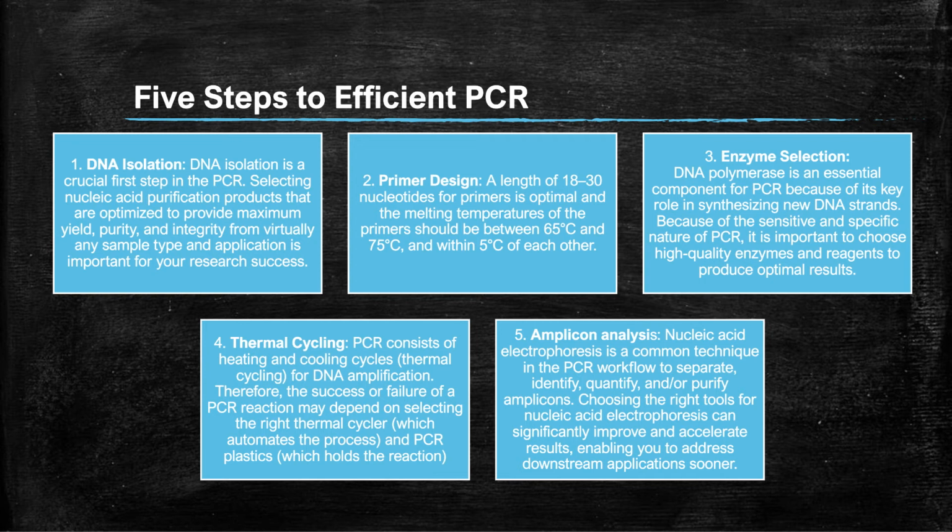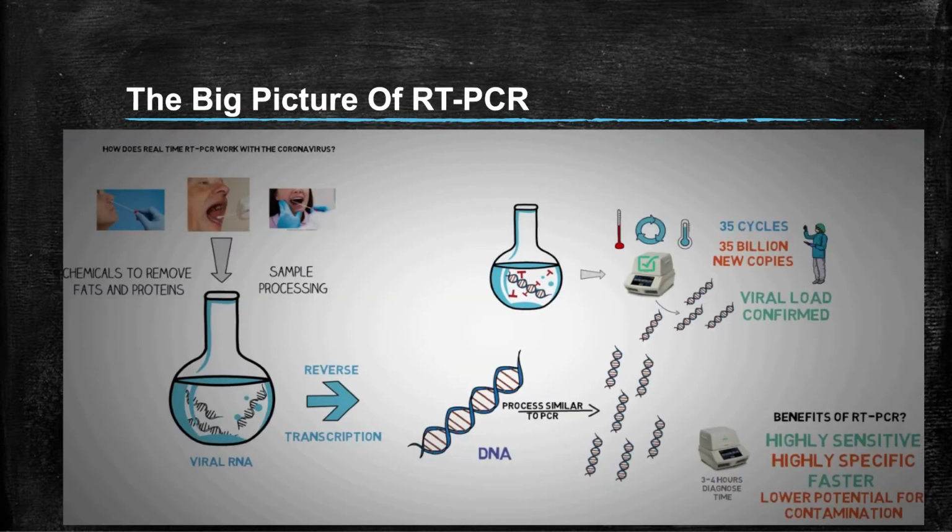Then nucleic acid electrophoresis, like the amplicon analysis. Electrophoresis is a common technique in the PCR workflow to separate, identify, quantify, and purify amplicons. Choosing the right tools for electrophoresis can significantly improve and accelerate the results, which are analyzed for the downstream processes.